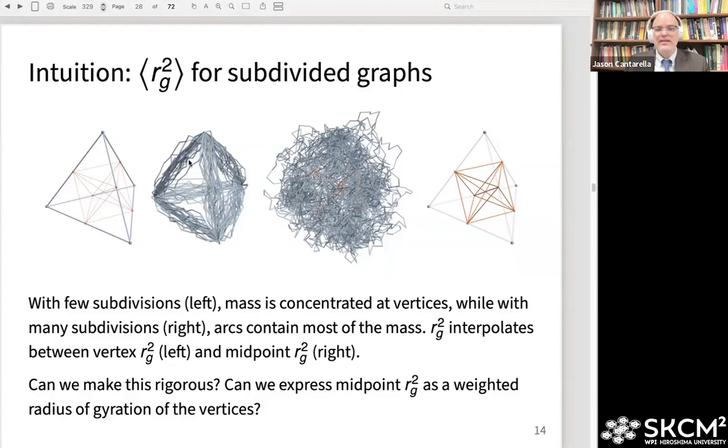And in the middle, it's, well, kind of in the middle. It interpolates between the vertex radius of gyration when there are no subdivisions to the midpoint radius of gyration as the number of subdivisions goes to infinity. Okay, that's the intuition. Now we're going to try to prove it as a theorem.